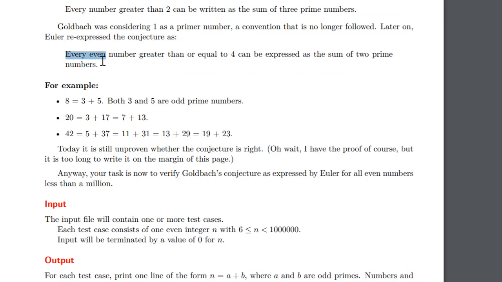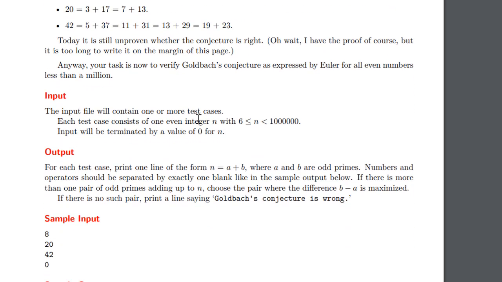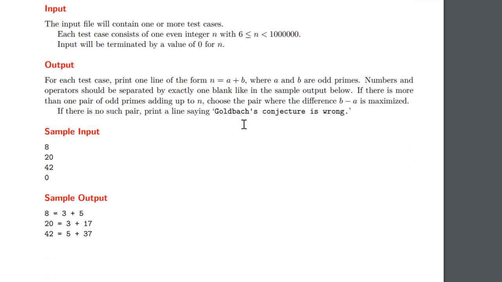It says that every even number greater or equal to 4 can be expressed as the sum of two prime numbers. So they're gonna give us some test cases, and each test case is gonna be one number n, which is gonna be between 6 and 1 million. So the first step to try this Goldbach conjecture is to know how many prime numbers there are between 6 and 1 million.